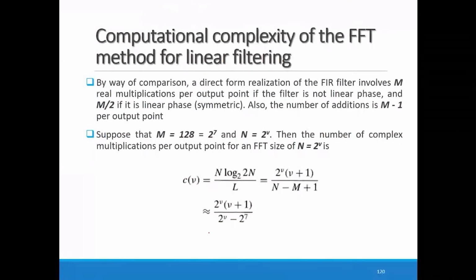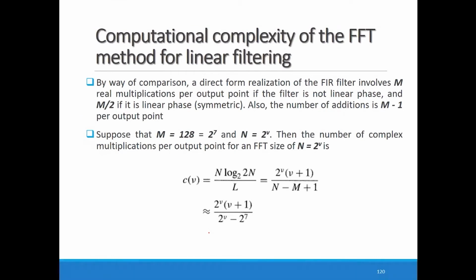By way of comparison, a direct form realization of the FIR filter involves m real multiplications per output point if the filter is not linear phase, and m divided by 2 if it is linear phase, that is symmetric.